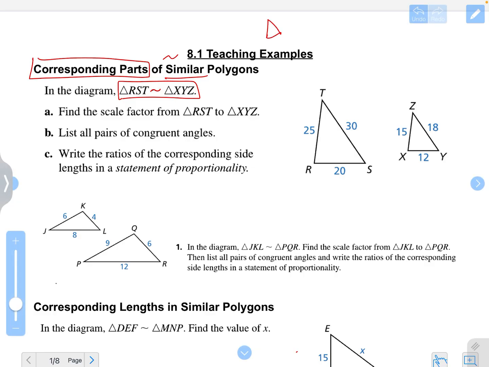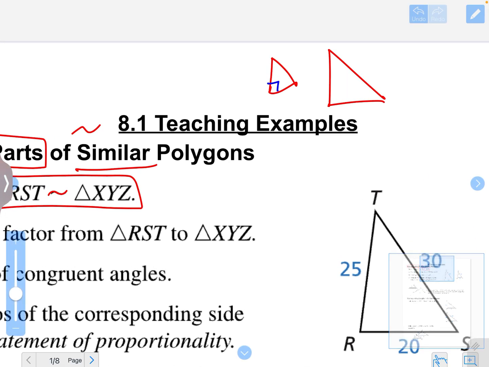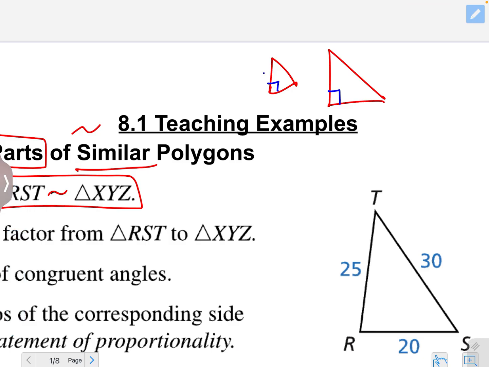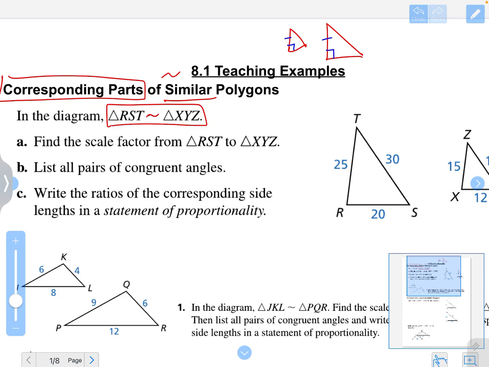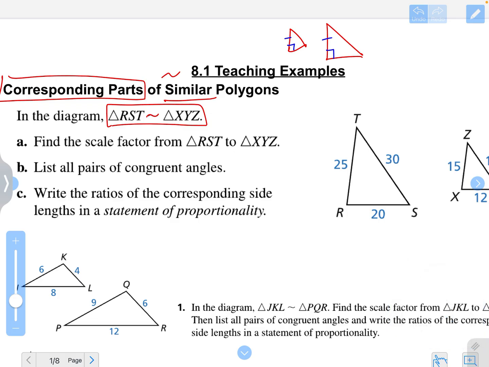So we might have one right triangle that's a little bit smaller and one right triangle that's a little bit bigger. When we talk about corresponding parts, we're talking about the same angles in the same positions, the same sides in the same position. So we're going to use that information that we're given to find out information about similar polygons.